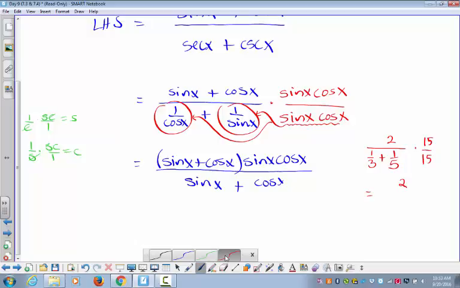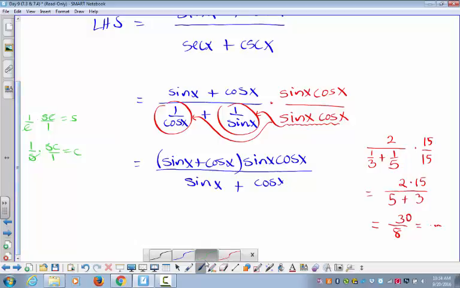So in the top, we have 2 times 15, which we'll just leave as 2 times 15. The 15 gets multiplied by the 1/3, giving us a 5. The 15 gets multiplied by the 1/5, giving us a 3. So that would end up being 30/8. Simplify that. That makes sense? So algebraic properties hold just like with numbers.